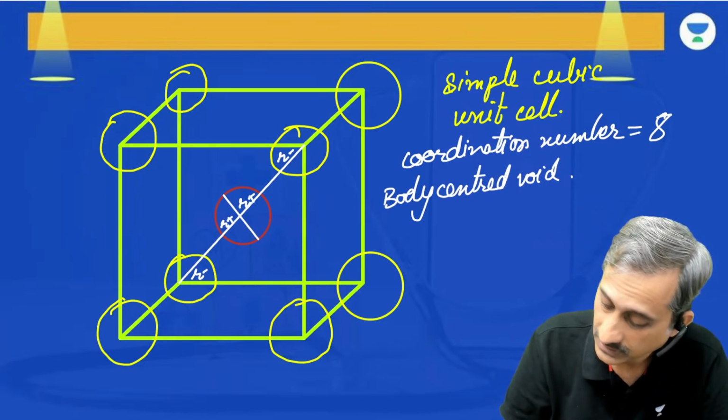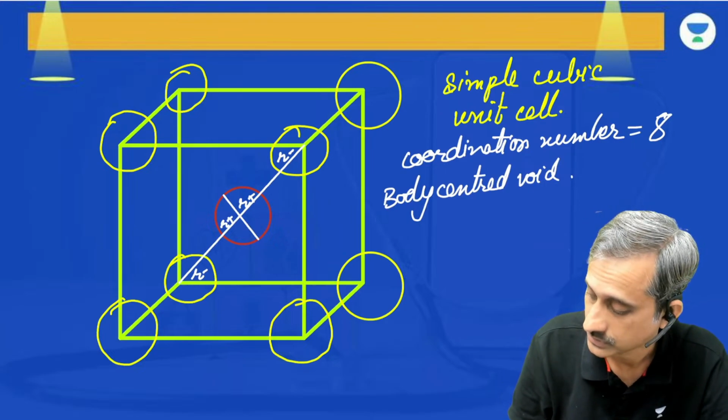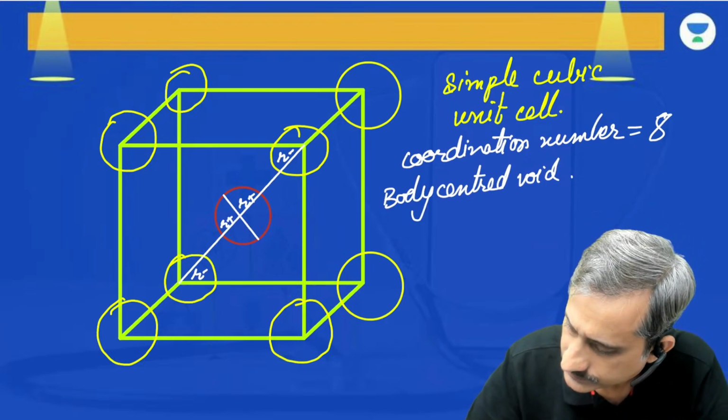So here we have the body diagonal. So let's calculate it.